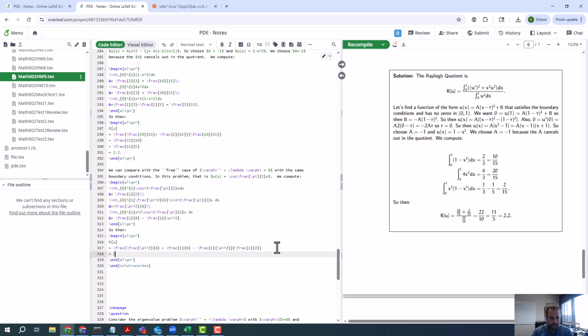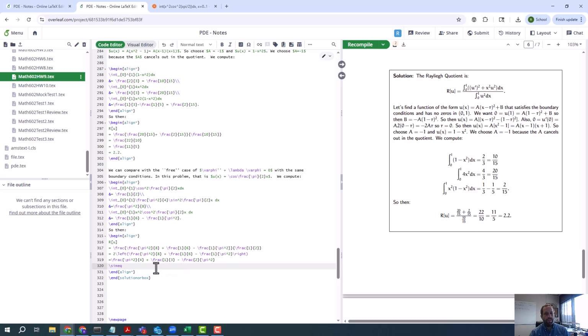Or that's going to be 2 times everything that we have up here. I'm just trying to find the easiest thing to plug into my calculator at this point. So when I multiply it all by 2, pi squared over 8 becomes pi squared over 4, 1/6 becomes 1/3, and 1 over pi squared becomes 2 over pi squared.